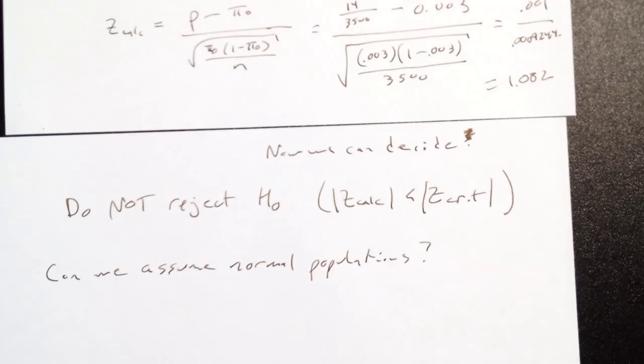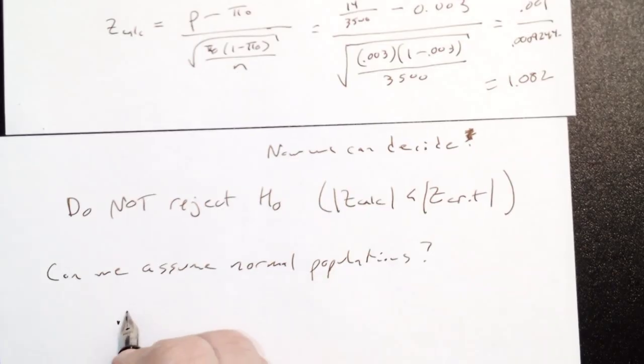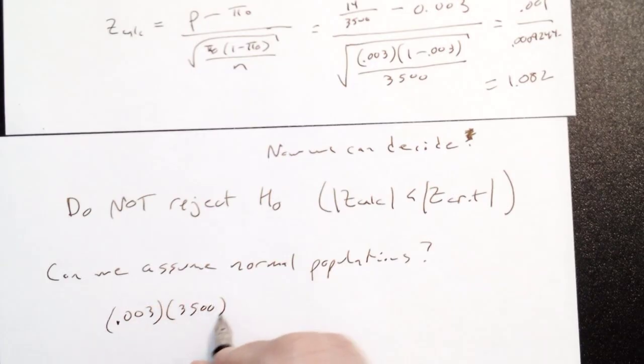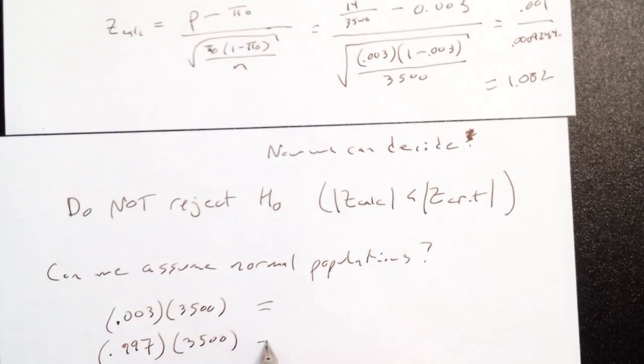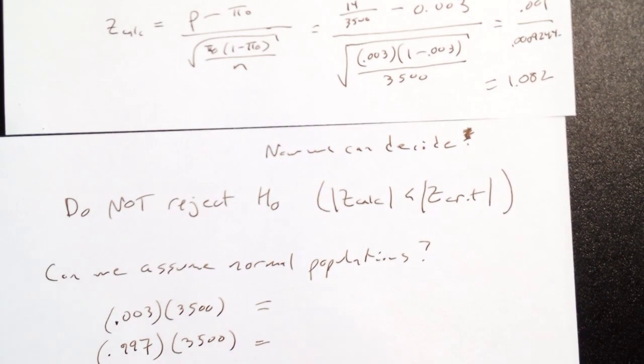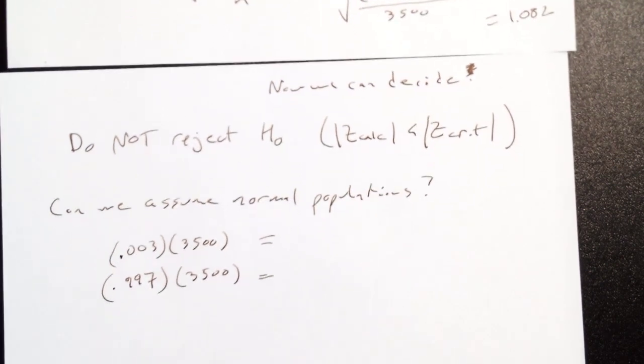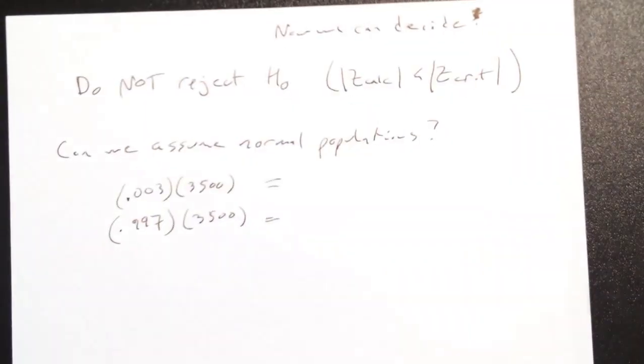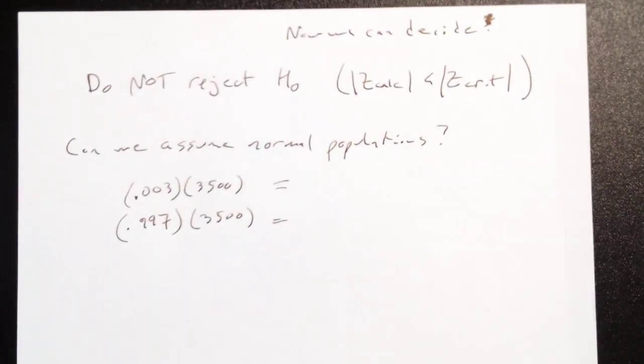Okay, what do we have to do with those numbers? So 0.003, but then more than 10. What are these numbers? Well, I'm pretty sure that 99% of 3,500 is pretty big.